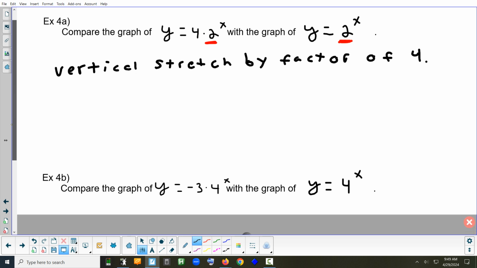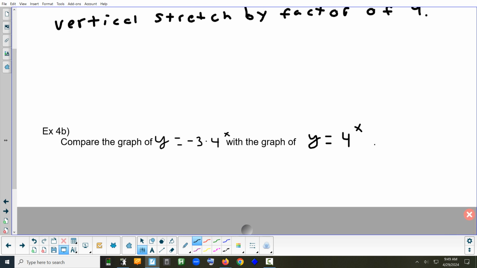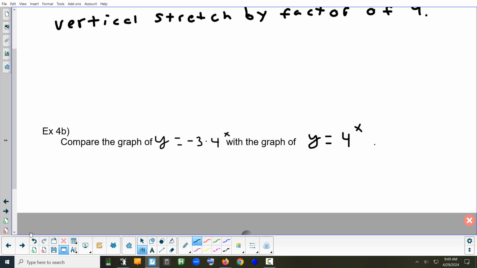All right, let's look at this one. So compare the graph of y equals negative 3 times 4 to the x with just 4 to the x. Okay. No matter which case we have, can someone just tell me what's the first part of the words you write down that never changes?